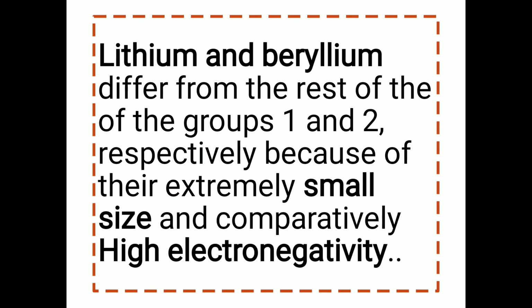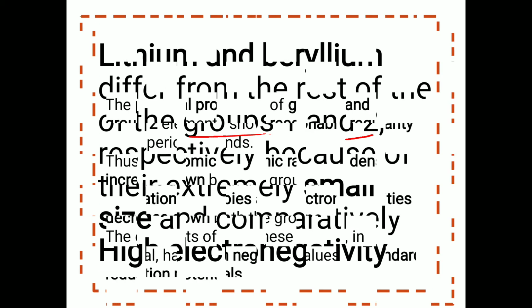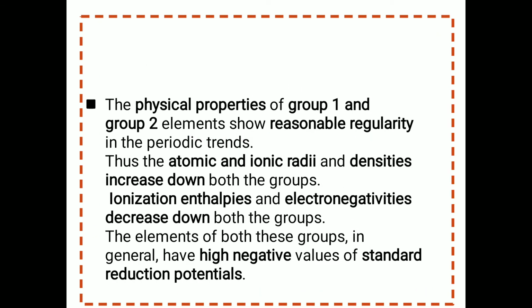Now lithium and beryllium differ from the rest of group 1 and group 2 respectively because of their extremely small size, and comparatively they have high electronegativities. The physical properties of group 1 and group 2 elements show reasonable regularity in the periodic trends.